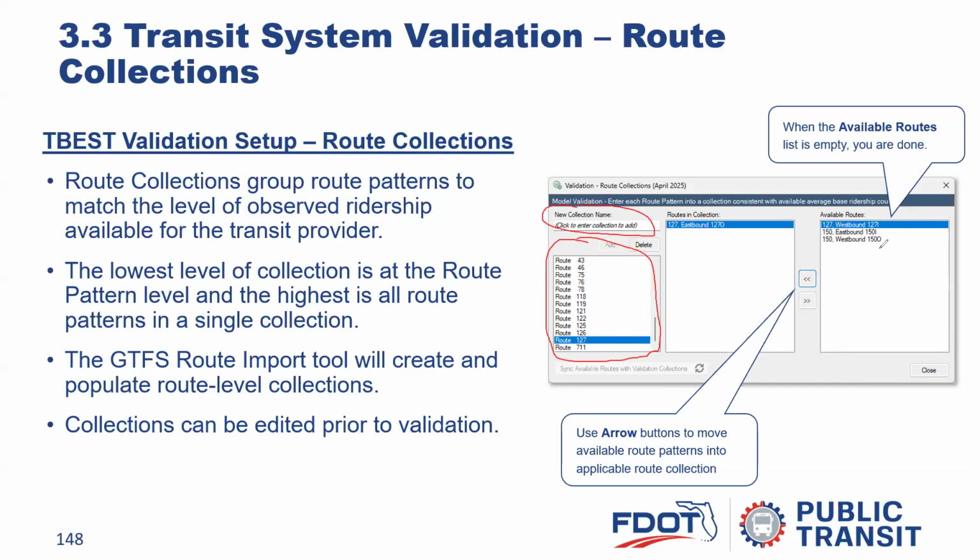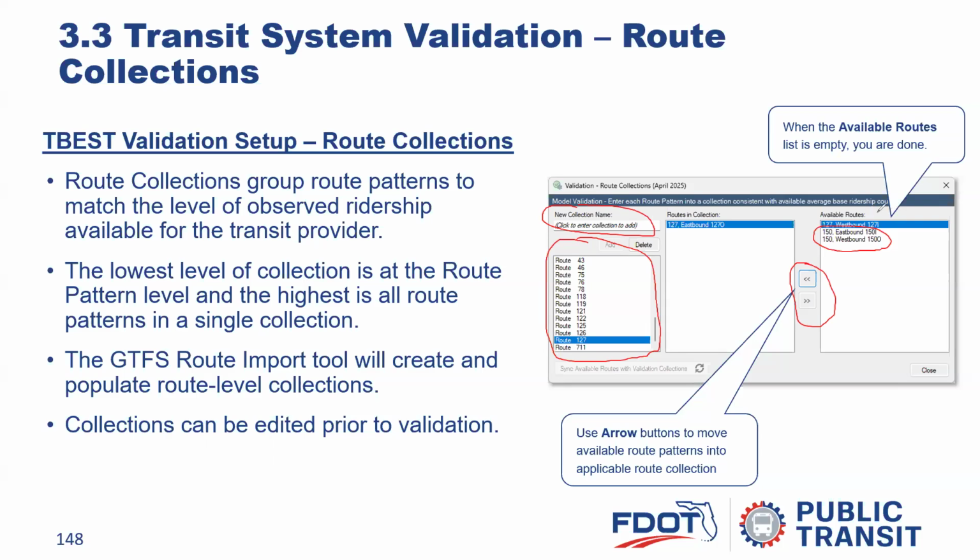We have available routes over here on the right. We need to get those into a collection. So we type in Route 150, hit add, and then we can move those over into a collection that we then can put some observed ridership in relative to that route. So basically, this is the setup for creating the collections. And you can use these buttons in the middle to move these route patterns over into a collection or back out of a collection into available routes.